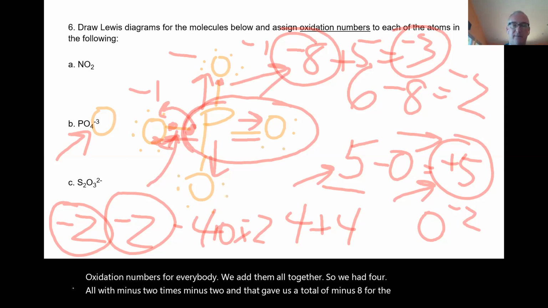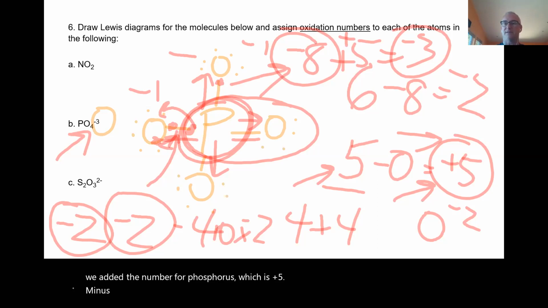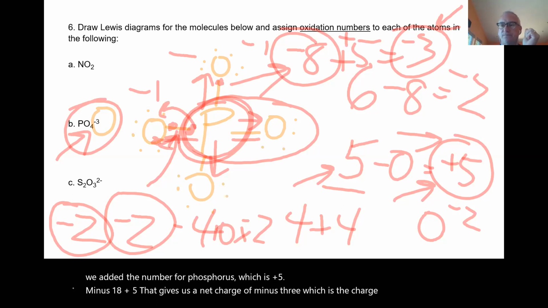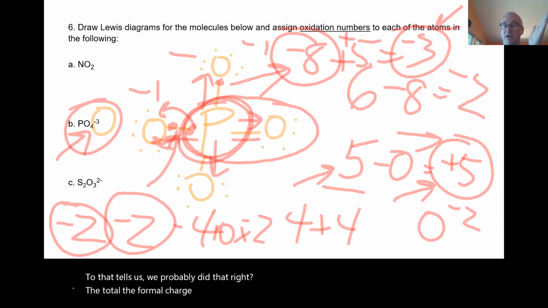And then we added the number for phosphorus, which is +5. -8 and +5 gives us a net charge of -3, which is the charge on the phosphate. So that tells us we probably did that right. The formal charges should add up to the right charge, and the total oxidation numbers should add up to the same charge as well.